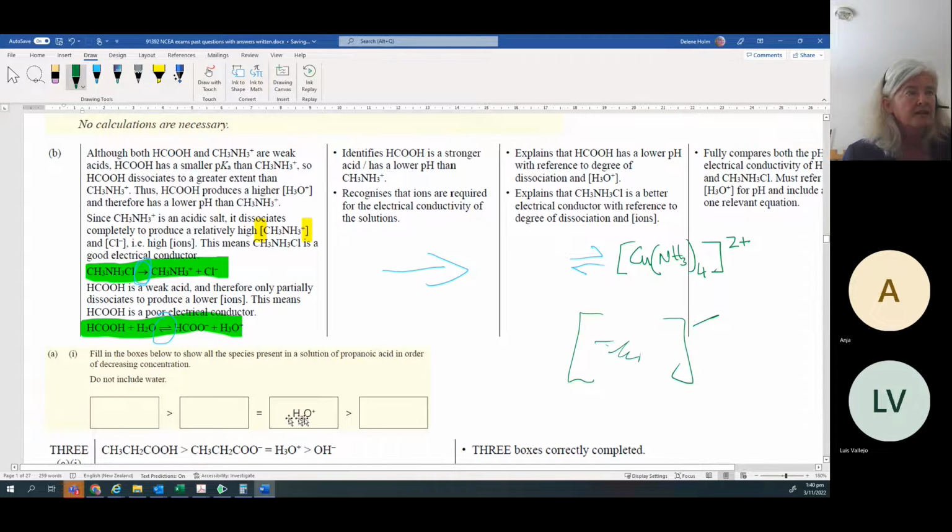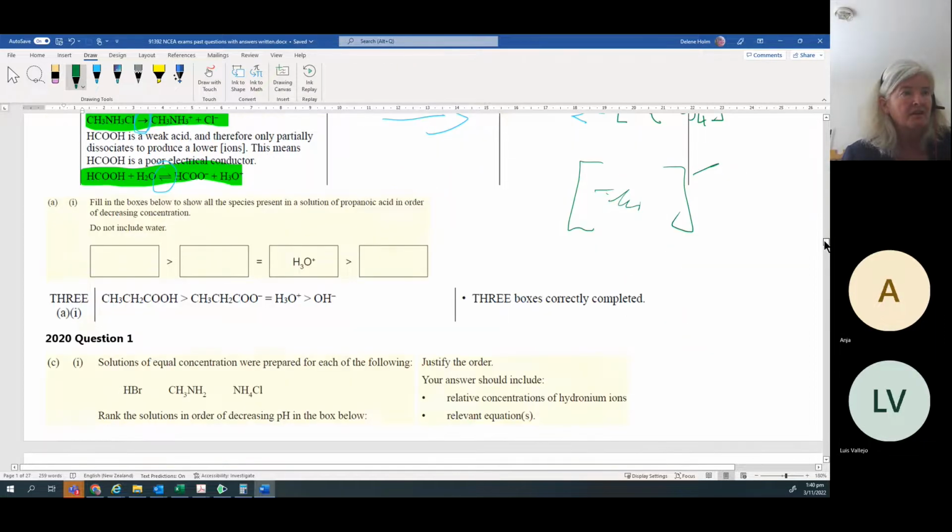Right, and then here's one where they've been helpful and they've actually given you the hydronium ion, and you had to just fill in the rest for propanoic acid. Now you might go, oh, I don't know what propanoic acid is if you don't do organic, but it was given in the question. I missed out the introduction because I just threw this in here to show the type of question.